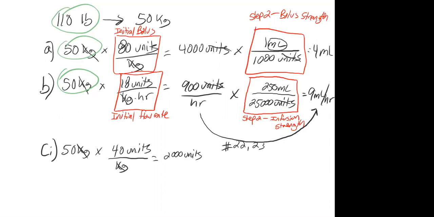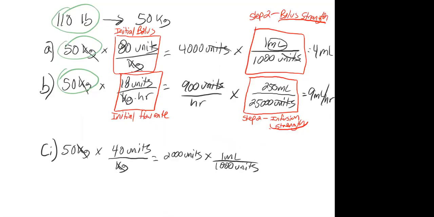I always come back to this: when I do bolus, I use the bolus information, and when I do infusion, I use the infusion information. So my bolus dosage strength is 1 milliliter per 1,000 units. I apologize for all the extra stuff here. I'm going to get rid of this. And then this is how we get to our 2 milliliters for our new bolus.